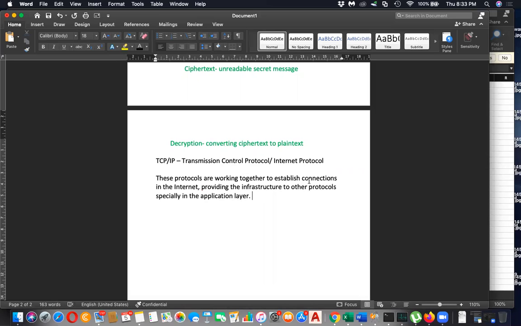These two protocols are working together to establish connections in the internet, providing the infrastructure. Infrastructure means it is the basic foundation to other protocols.